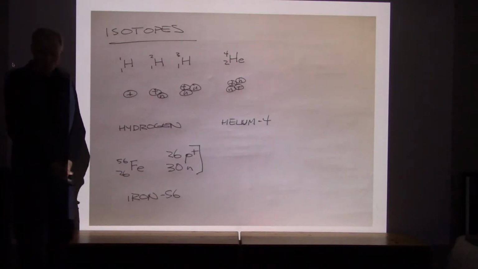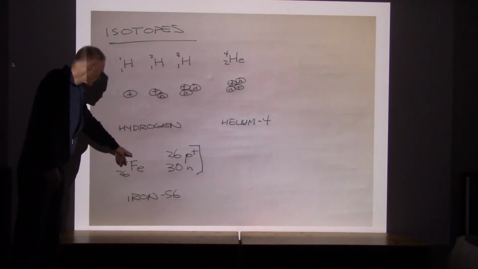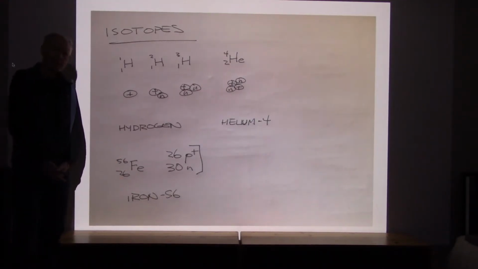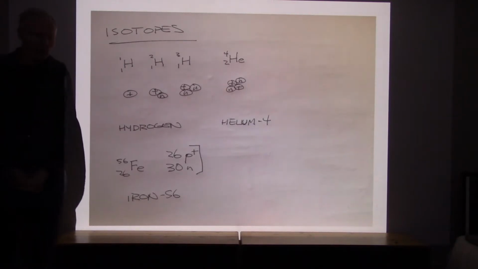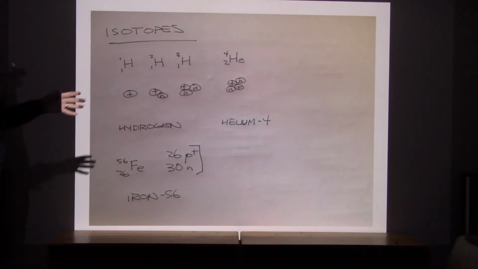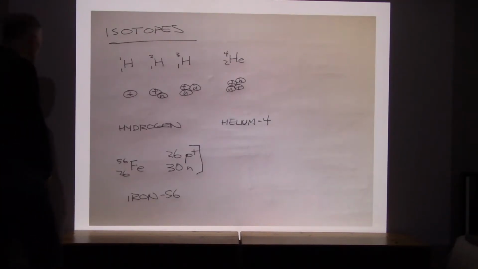Let's look at something more complicated here. Iron, here's an iron 56 symbol. So the Fe stands for iron. The 26 in the lower left corner says that's the number of protons that iron has. So any nucleus with 26 protons in it is going to get classified as iron.